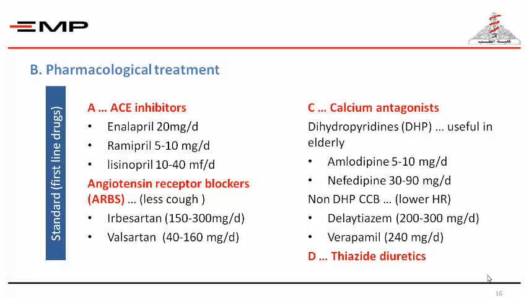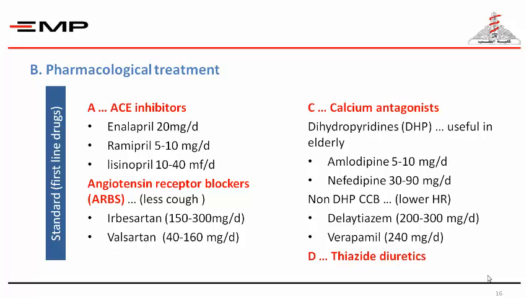The first class is ACE inhibitors, or angiotensin converting enzyme inhibitors. These work on the angiotensin conversion in the renin-angiotensin system, and three main drugs are well used in the market: enalapril 20 mg per day, ramipril 5 to 10 mg per day, and lisinopril 10 to 40 mg per day.